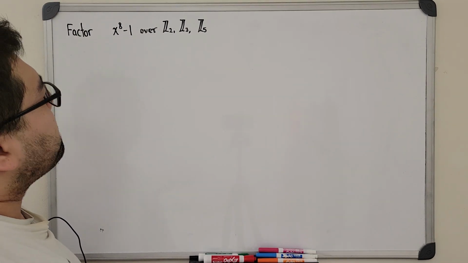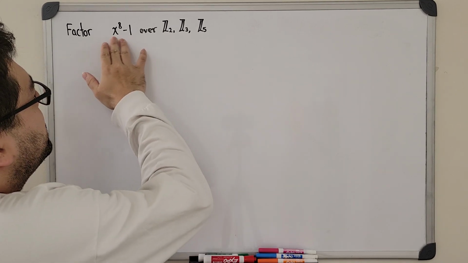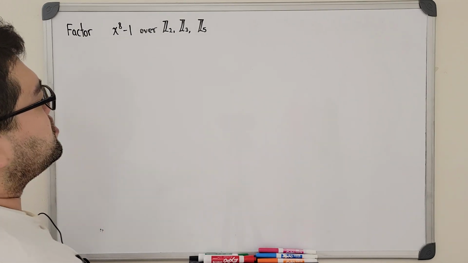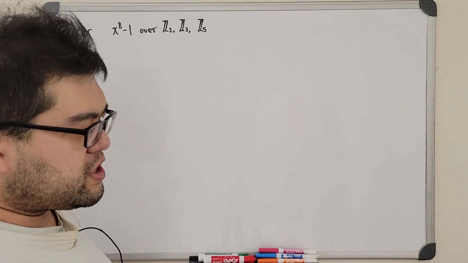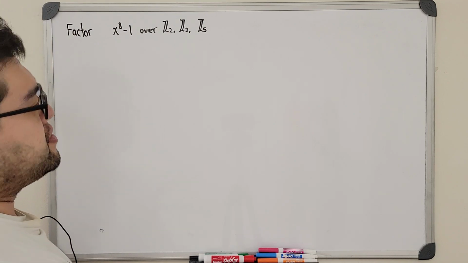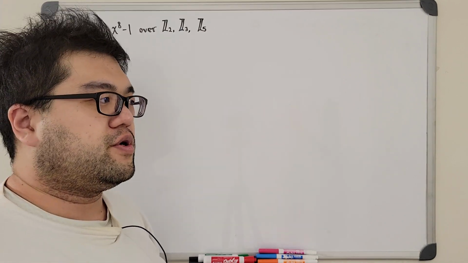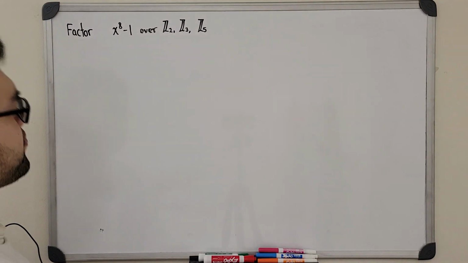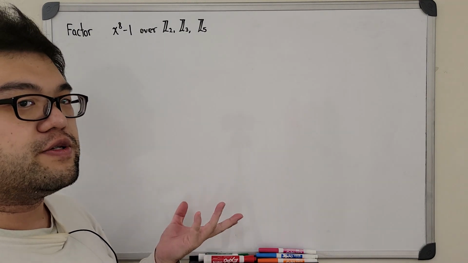It only means that the coefficients of the polynomial will be elements of the given rings or fields. Z2 contains the integer remainders after dividing by 2, which means coefficients 0 or 1, and Z5 will have coefficients 0, 1, 2, 3, and 4. Before we move on to the solutions, you can pause the video and try it yourself first.